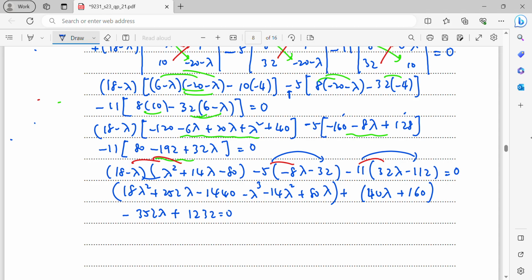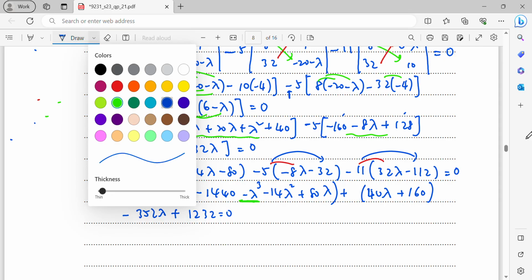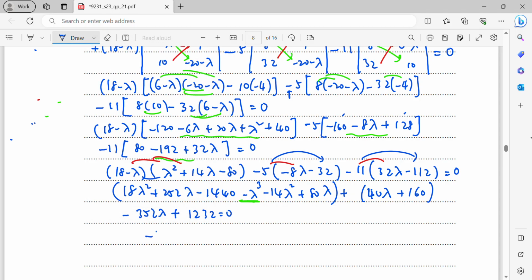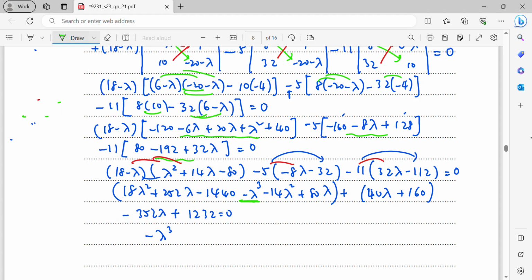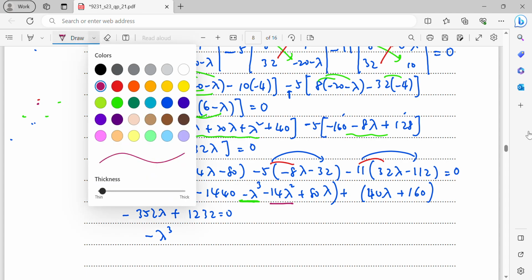Okay, so when you have so many terms here, this is minus lambda cube. That's the only term that I will write minus lambda cube. Then for the lambda squared, look at here. 18 lambda squared minus 14 lambda squared. Okay, then you will get plus 4 lambda squared.